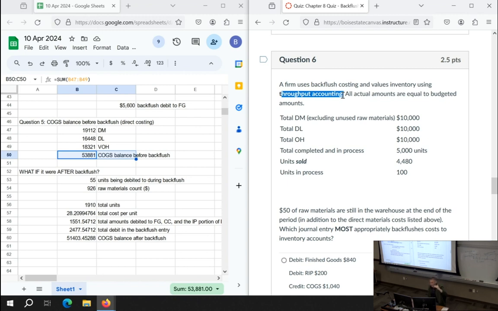Direct materials, direct labor, and variable overhead are considered product costs? I'm going to imagine I heard a no then too, because why would you have two terms and you're bolding them, but they mean the same thing? So what is included? What is a product cost under throughput accounting?